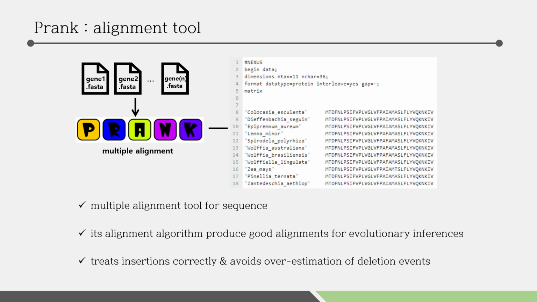In addition, Frank borrows ideas from maximum likelihood method used in phylogenetics and correctly takes into account the evolutionary distances between sequences. It can be run with command line.